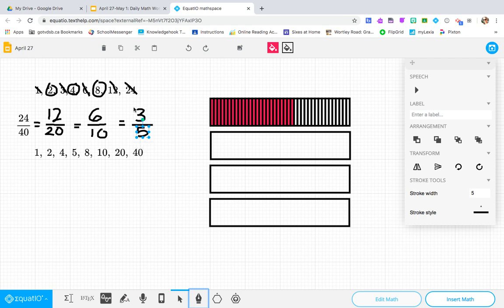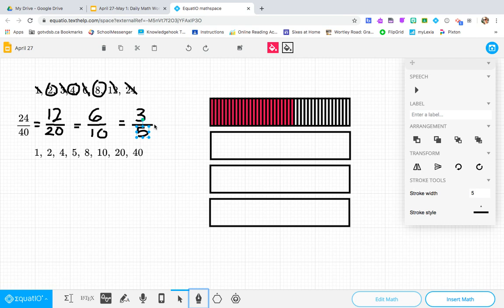Now this one here, 3/5, there's no way to make that smaller. So that one is called our lowest terms. So if you're ever asked to find a fraction in its lowest terms, you'll need to bring it down until you can't divide the top and the bottom by any common factor.